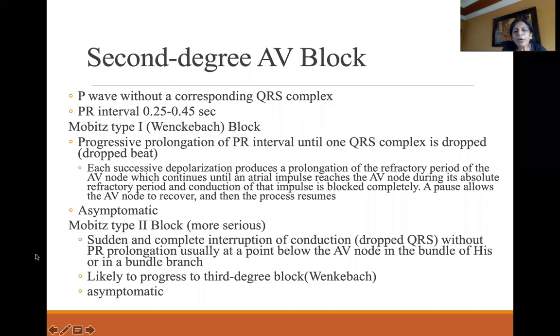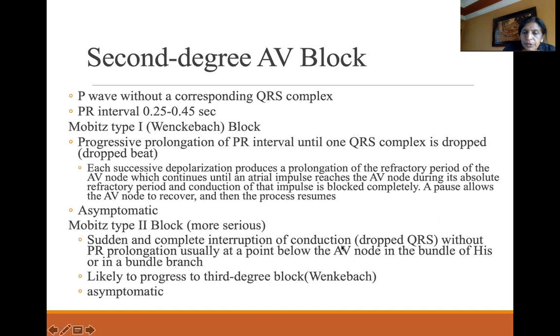So it's the drop of QRS and no PR prolongation. There is no prolongation, just the drop of QRS.